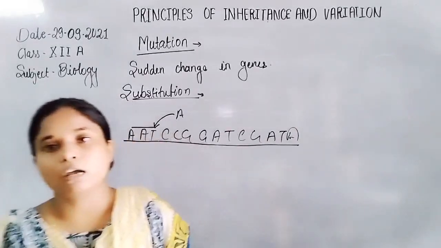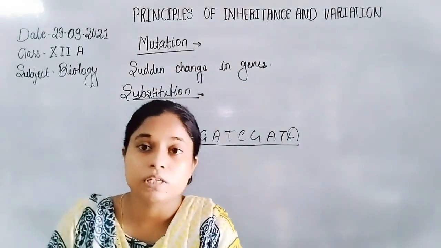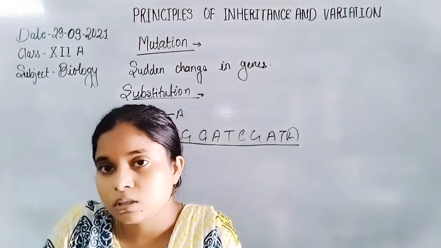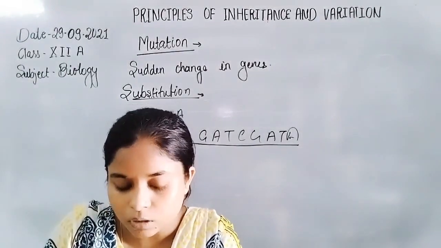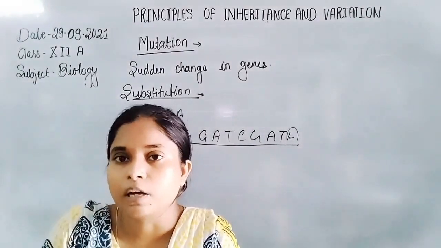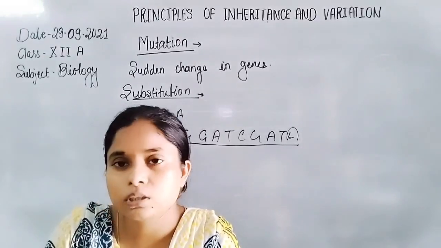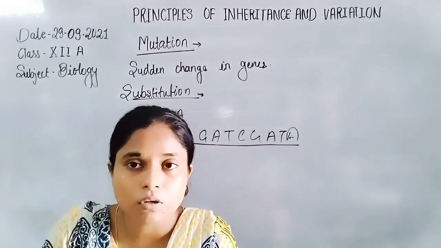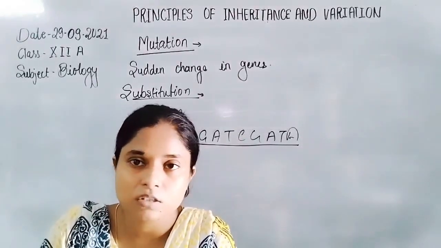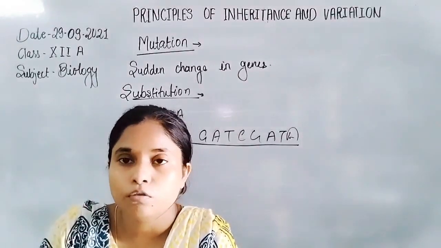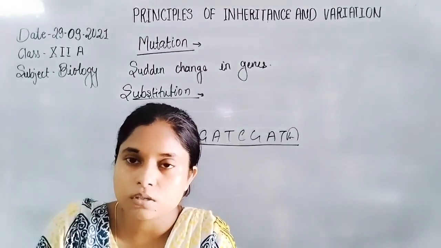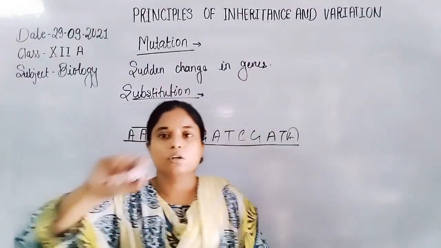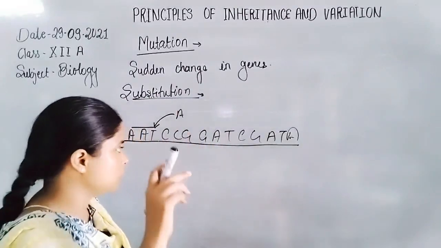Overall the affinity of hemoglobin is also decreased by the change in the amino acid, because these are non-polar amino acids. So due to the change in amino acid, the affinity of hemoglobin towards oxygen decreases, and due to the lack of oxygen concentration, the RBCs become sickle shaped.